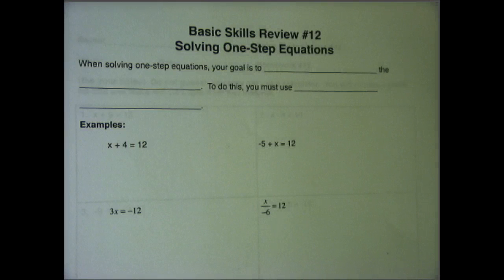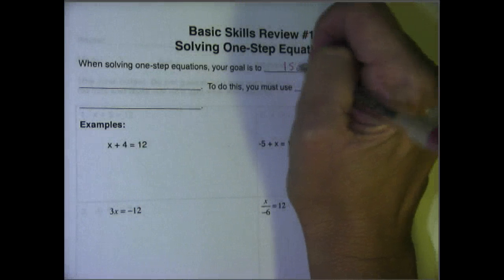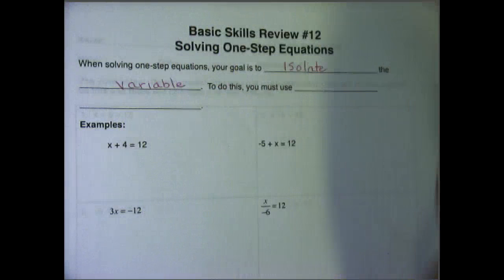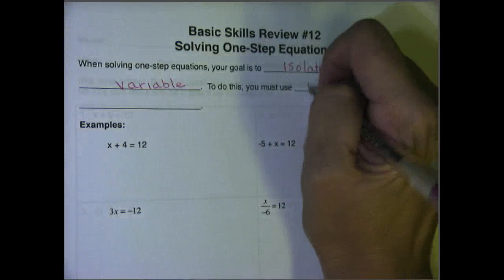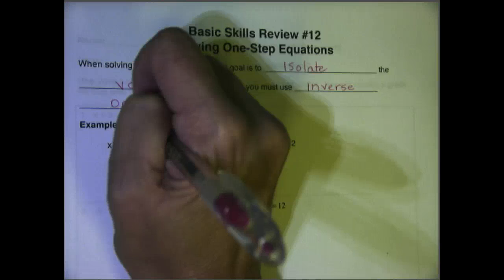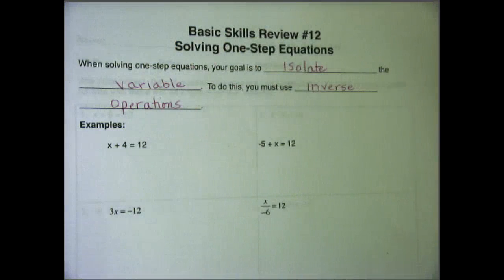complicated equations. So when solving one-step equations, your goal is to isolate the variable, or to get the variable by itself. To do this, you must use inverse operations. So if the number that you are trying to get rid of is positive, you would subtract.